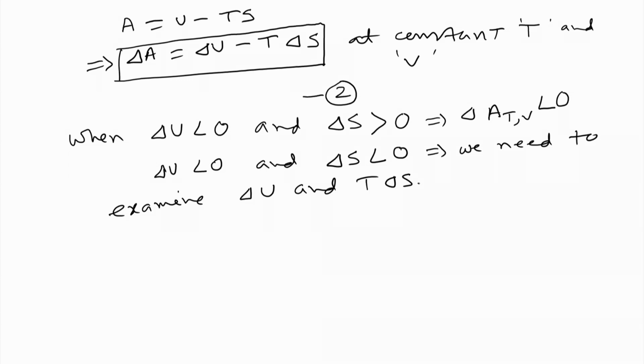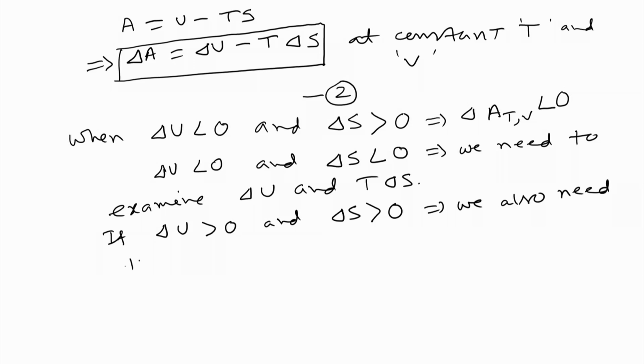Suppose delta U is positive and delta S is also positive, then also we need to examine both delta U and T delta S terms. Both the terms we need to consider, and then only we can judge whether the process is spontaneous one or not.